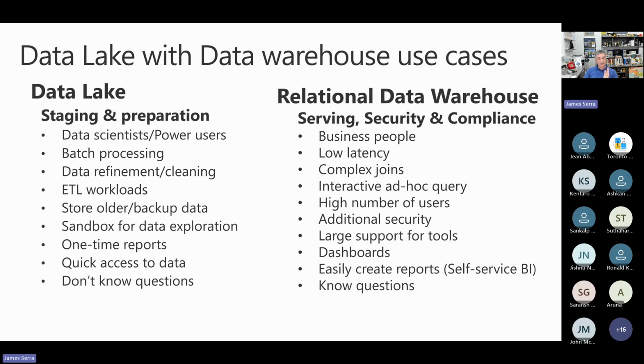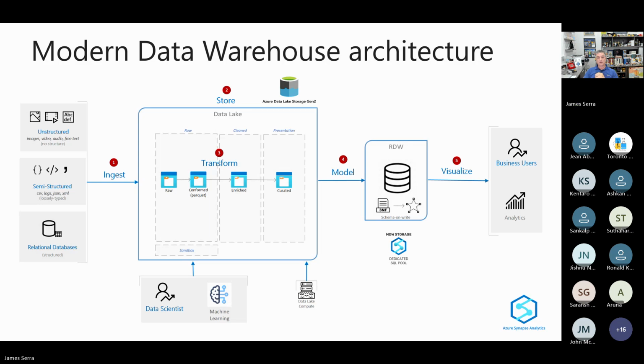So what this looks like at a high level, the architecture of a modern data warehouse, is this: there are those 5 steps, and then you have this data lake, which is divided up into different layers. You may have heard of the medallion architecture. We have this bronze, silver, gold. I like to call it the raw, clean, then presentation layer.